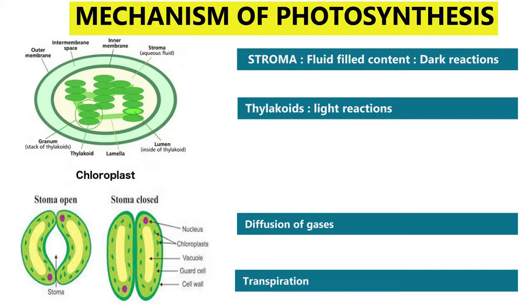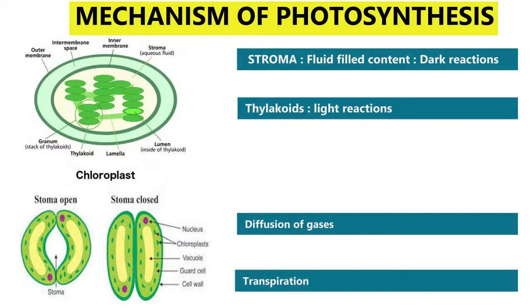And then we can see the stacks of thylakoids, the green color. The green bag-like structures are called thylakoids, and these thylakoids are placed one on the other, and a group of thylakoids is called a granum.